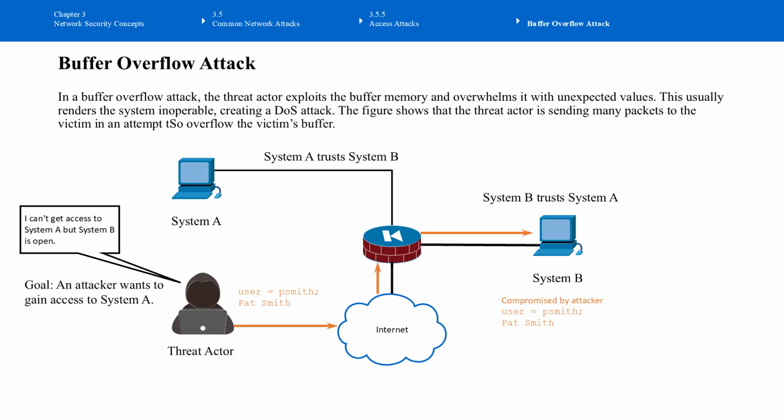Step 4, the victim receives more data than its memory buffer can handle. Step 5, the buffer becomes overloaded or overflowed. And the last step, as a result, the victim computer may crash or stop functioning, creating a denial of service attack.